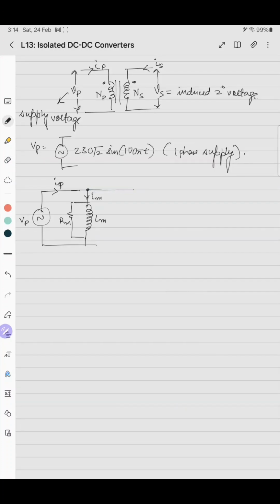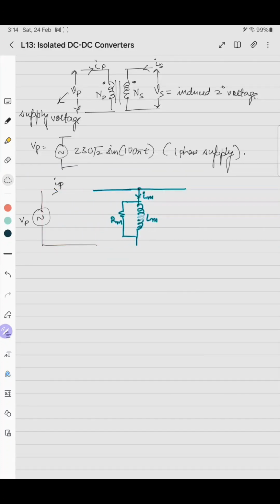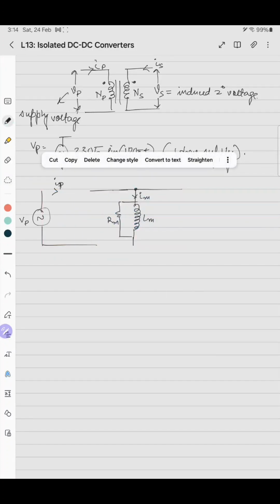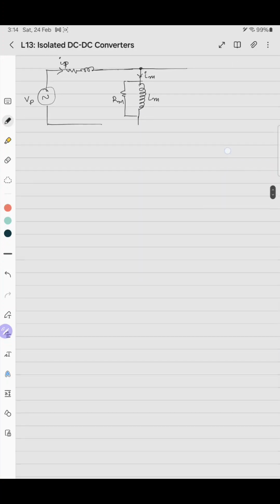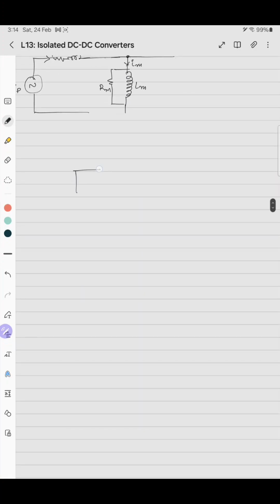Basically, instead of drawing it here, I will shift this portion here. So I'll draw the transformer core.